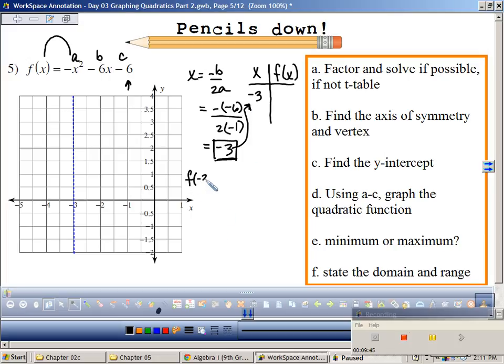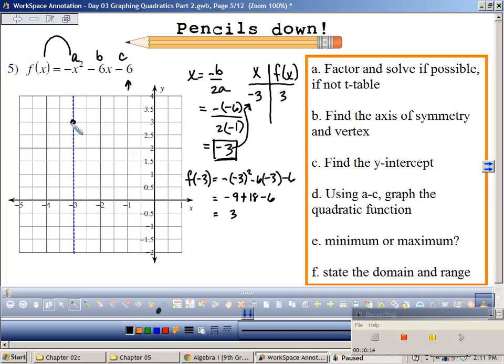So f of -3 equals -3 squared minus 6 times -3 minus 6. What is that? -9 plus 18 makes positive 9, minus 6 makes positive 3. Am I right? So when I substitute -3, I get positive 3.